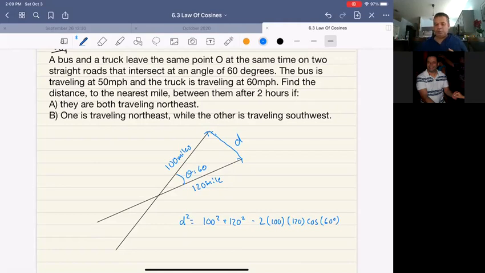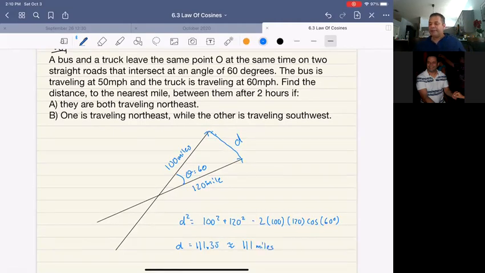Okay, calculating that out, and I get 111.35. Well, actually, d equals 111.35, approximately 111 miles.